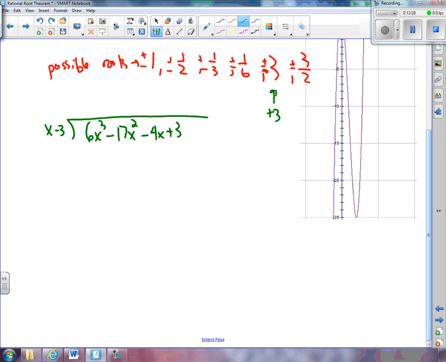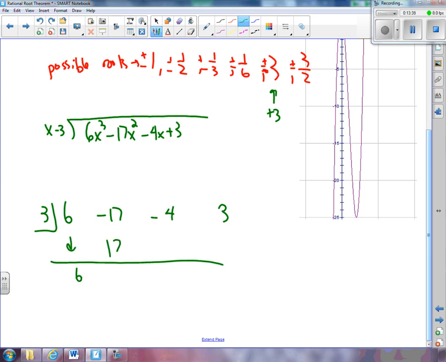So I'm going to rewrite this as 3 in our little box, 6, -17, -4, and 3. Bring down the 6, multiply, add, and we get a remainder of 0. We better get a remainder of 0 because 3 was a zero. It does go evenly. So now we know that the remaining polynomial is 6x squared plus x minus 1.